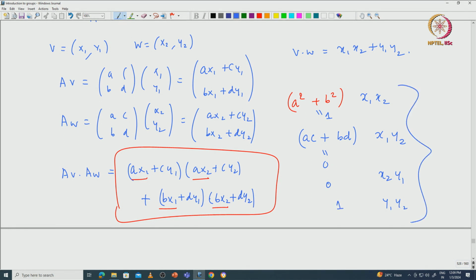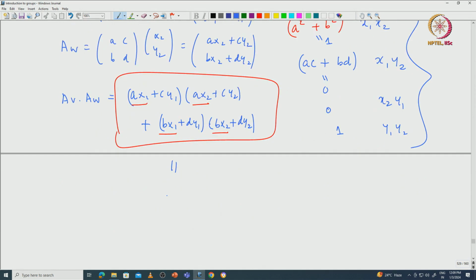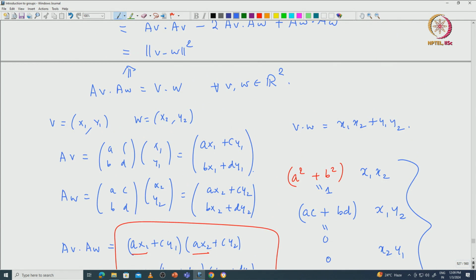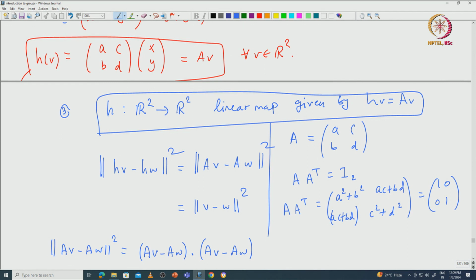Then that tells you that whatever you are getting on the right side is the same as x1 x2 plus y1 y2, which is V dot W. So, this proves that the map you define using this orthogonal matrix is going to be isometric, there is no other option.